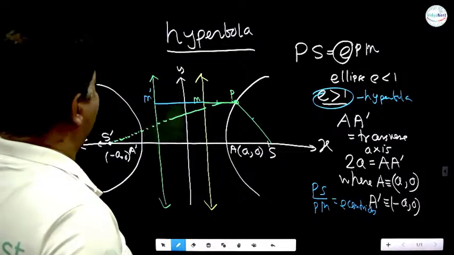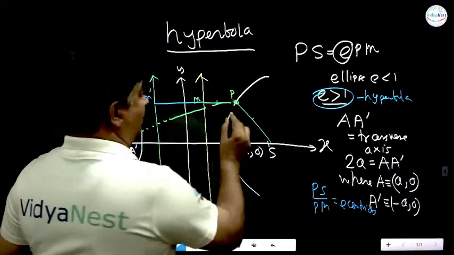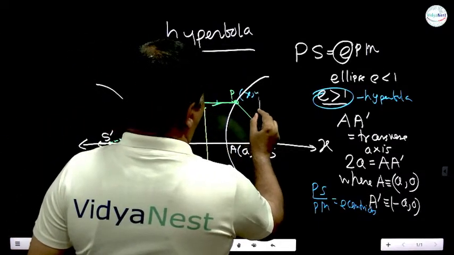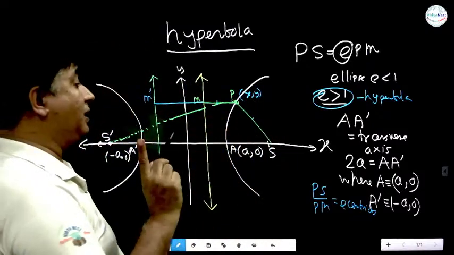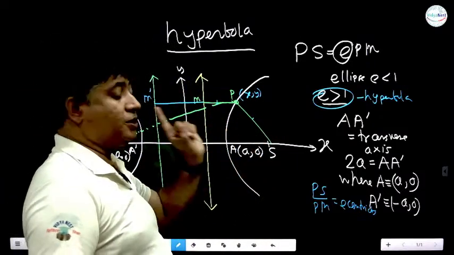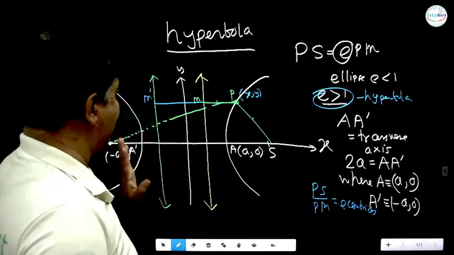Now, what kind of point is this P? Is it a fixed point or a variable point? P is a variable point. S is a fixed point, and we don't know its coordinates yet.